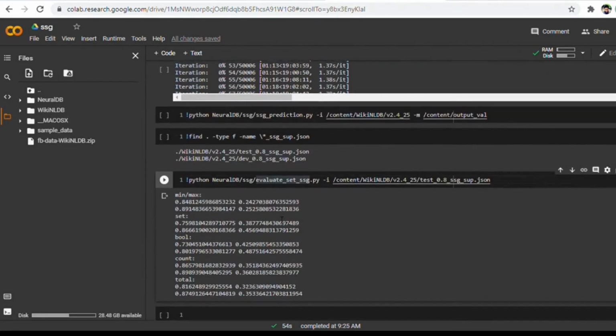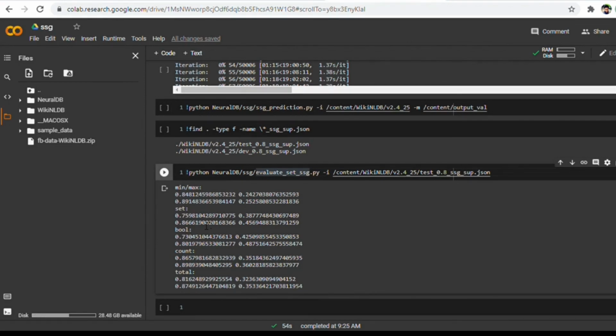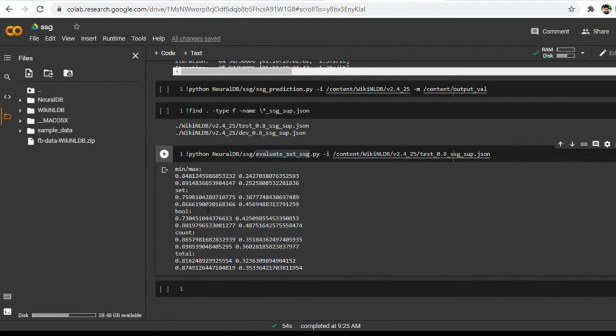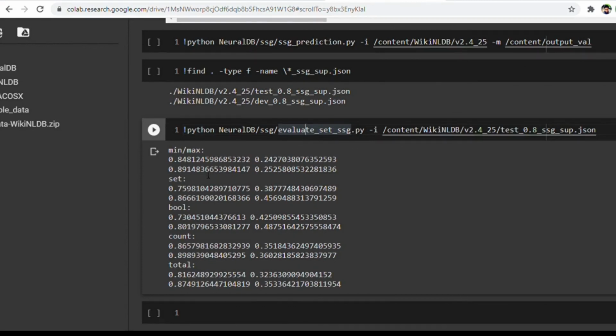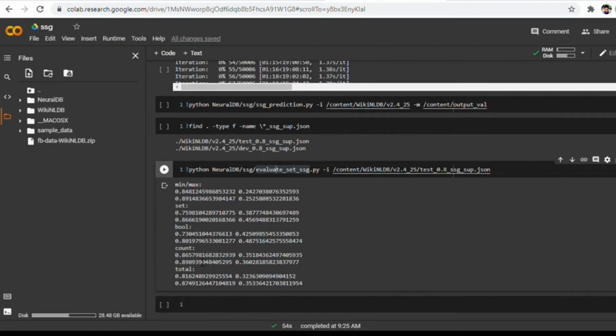But for evaluation, we can see the final values of what it provides for the WikiNLDB. As you can see, the min, max, accuracy, set, boolean and count values are there, and they are quite good according to what it has provided.